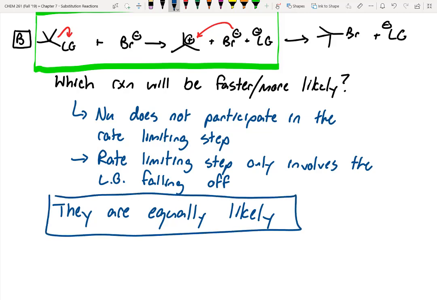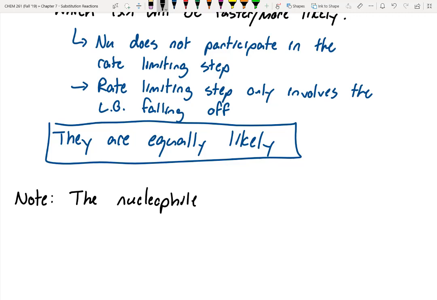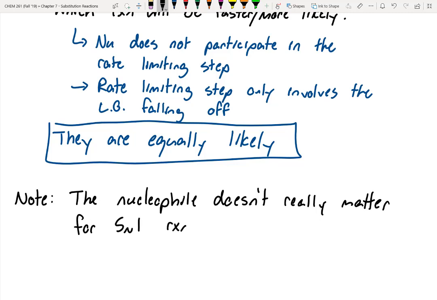All right, so let's make a note on this. The note is an important one. The nucleophile doesn't really matter for SN1 reactions, since it isn't involved in the rate limiting step.